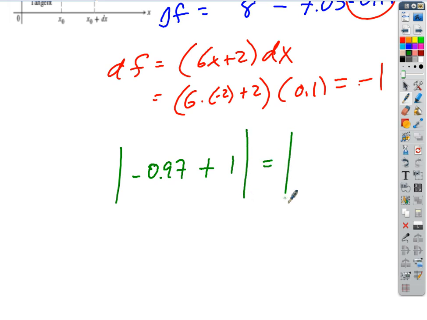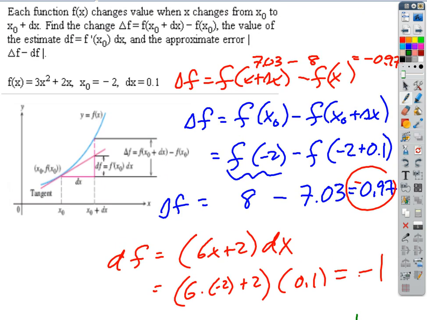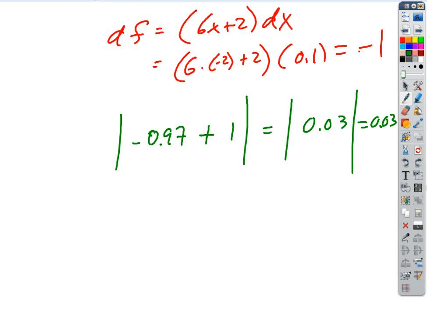And do they want that as a percent? No. As a percent, it would be 3%. That's the difference, but they didn't want that. They just wanted to know the actual error associated with it. So our approximation is off by 0.03. Maybe that's within acceptable error.